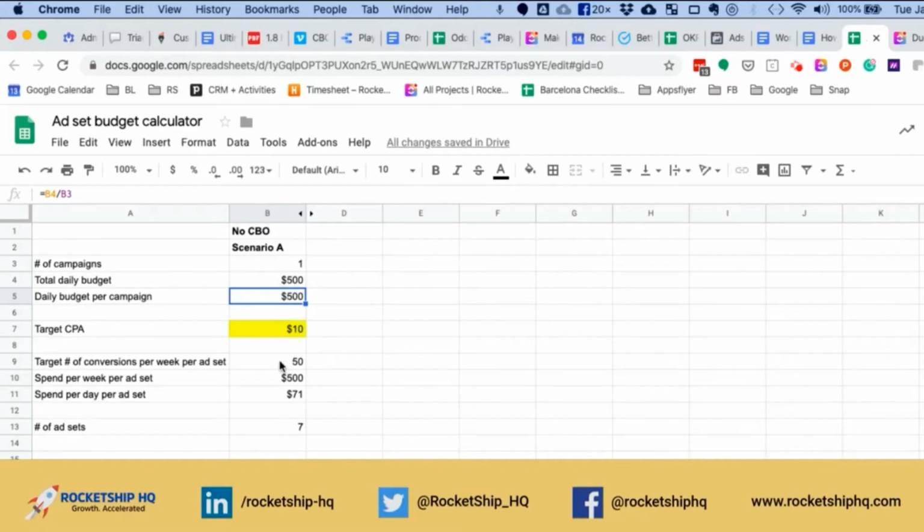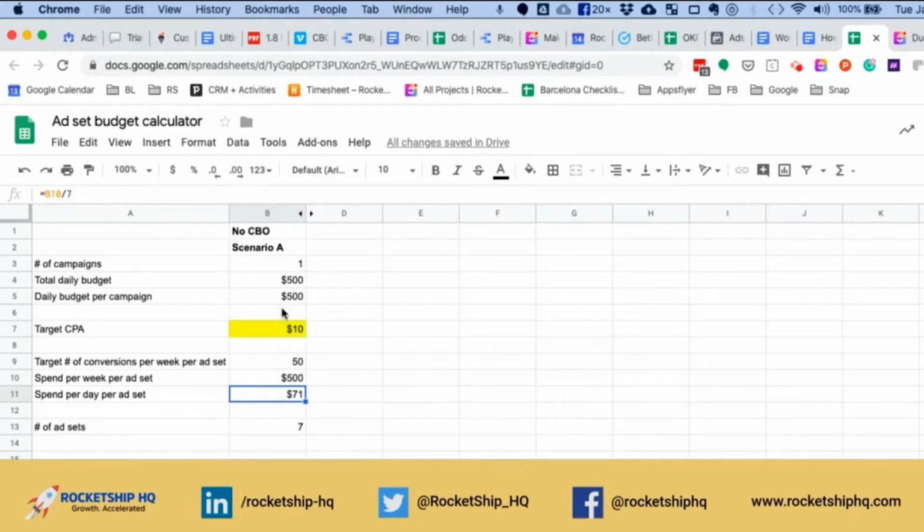You need to get to 50 purchases or conversions or subscribers, whatever it is that matters to you, per week per ad set, right? And your target CPA is $10. So per ad set, you need to get 50 multiplied by 10. You need to spend $500 per week per ad set, which would mean you need to spend about 500 by 7, which is about $71 per day per ad set.